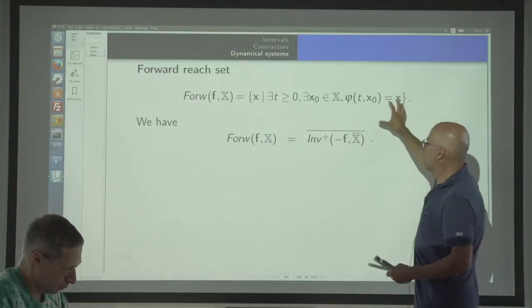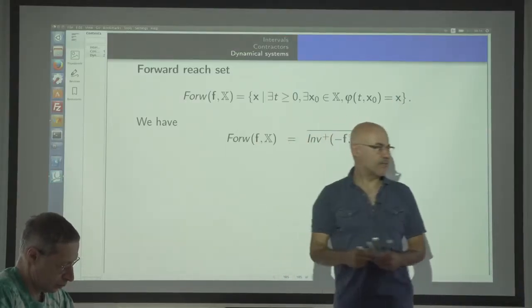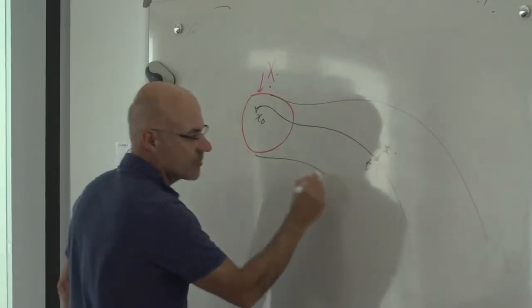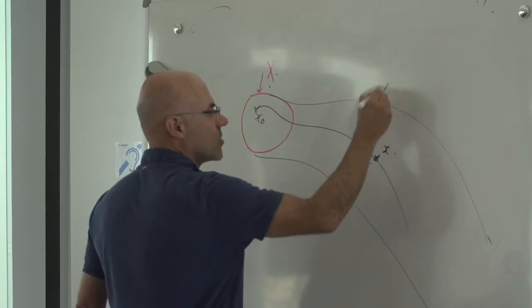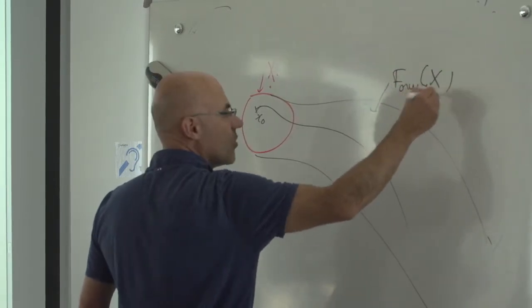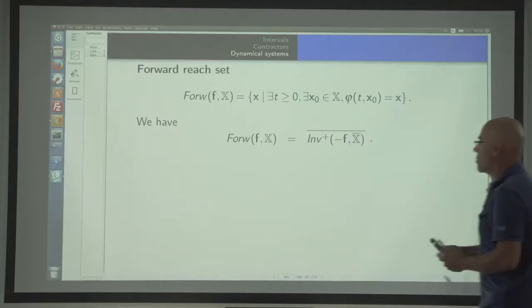So it corresponds to the future of this set. This corresponds to the forward reach set of X with respect to the function f.